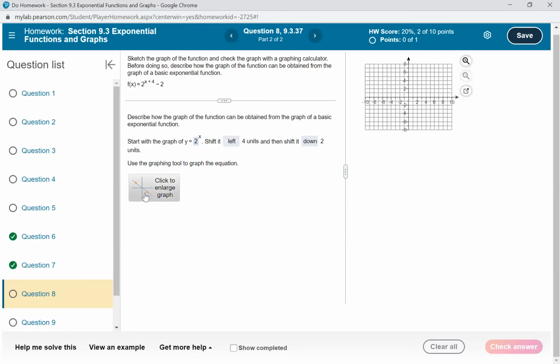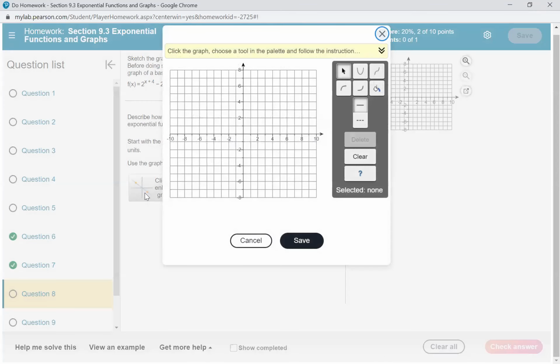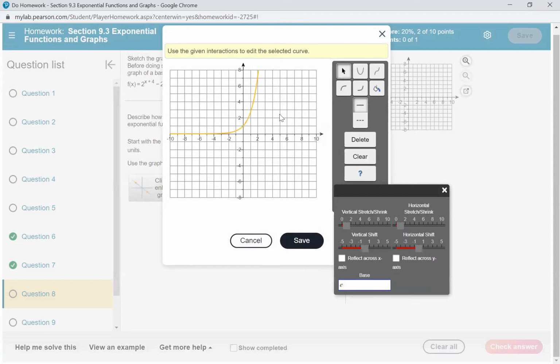And then we're going to graph this thing. So let's see. We're going to grab our exponential and just click anywhere on the graph. All right, so you said you went left 4 units. So that would be horizontal 4 to the left. I'm going to go to -4. All righty, and then we went down.